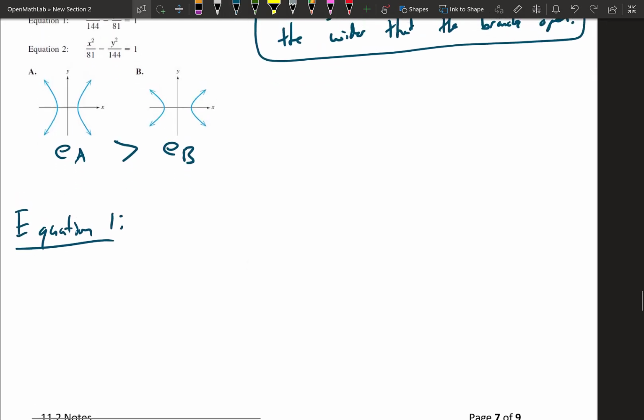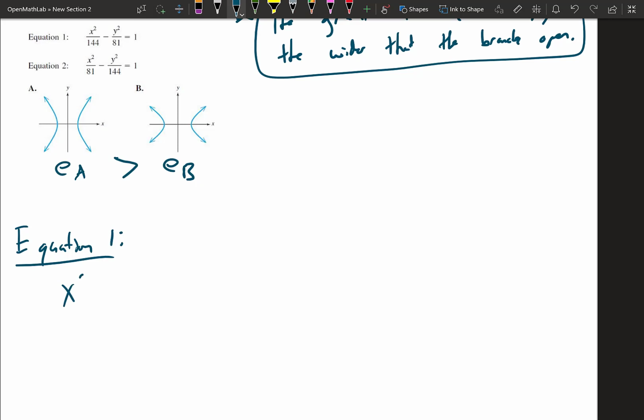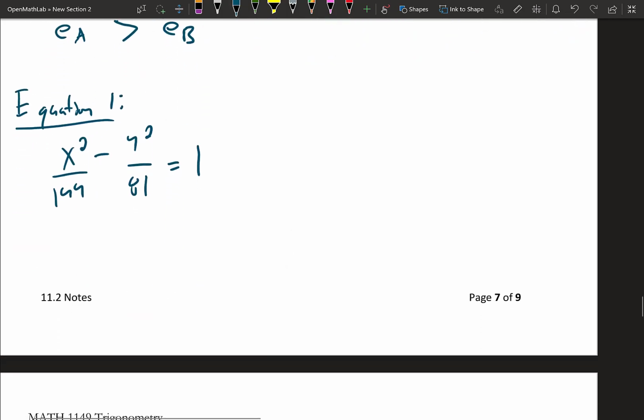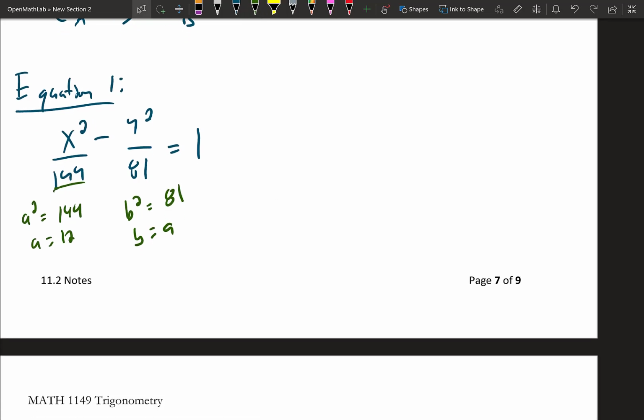So for equation 1, we have x squared over 144 minus y squared over 81 equals 1. This value, 144, is going to be a squared, and b squared is going to be 81. So that tells me a is 12 and b is 9. Then we need to find c as well, because the eccentricity is equal to c divided by a.